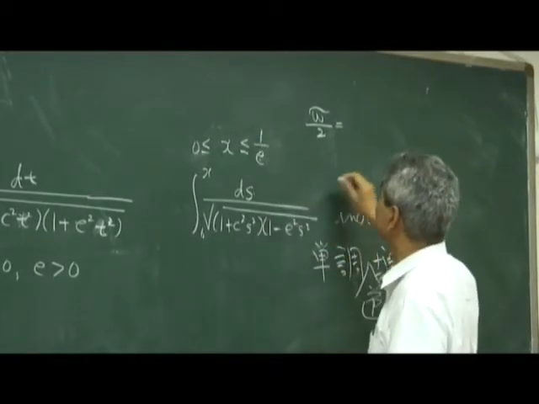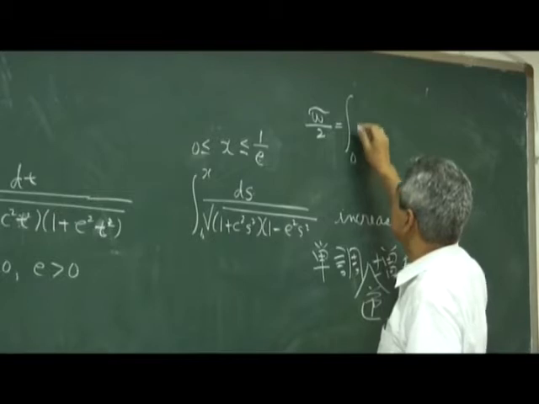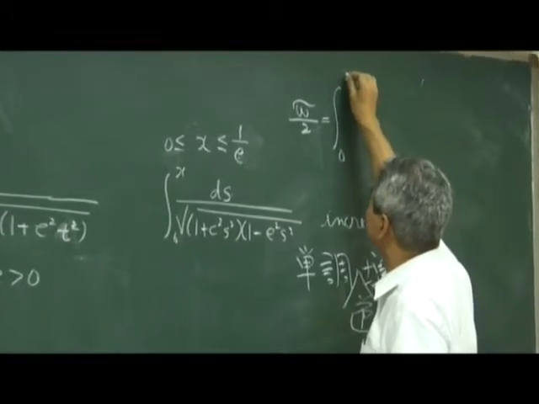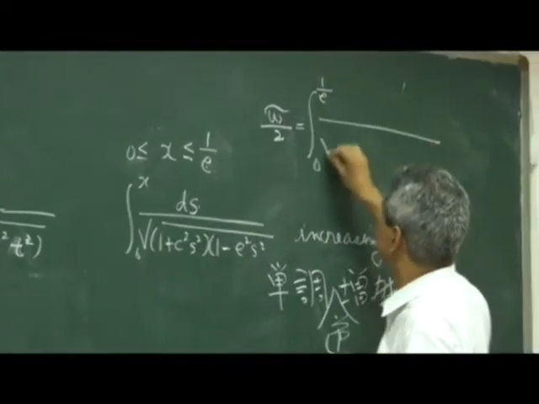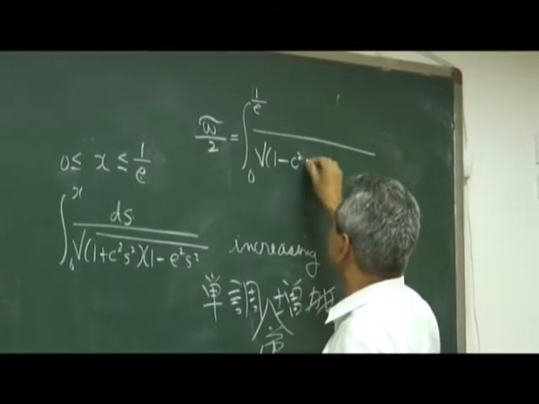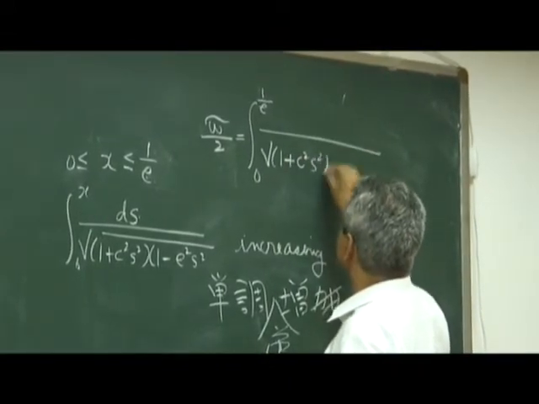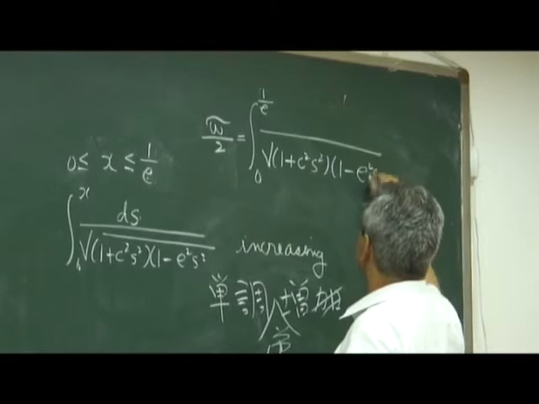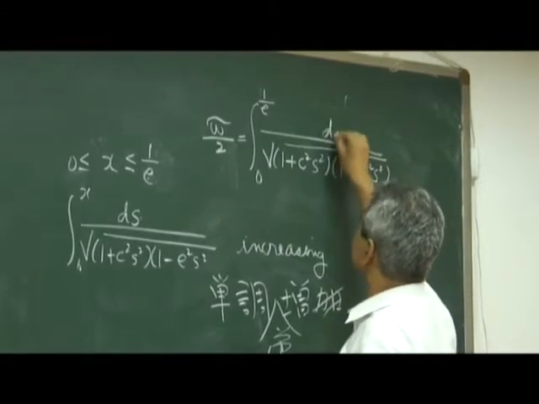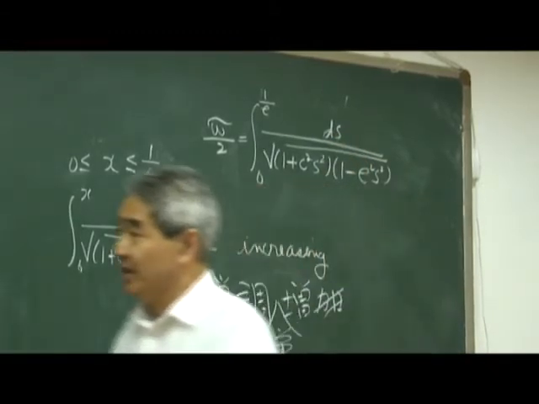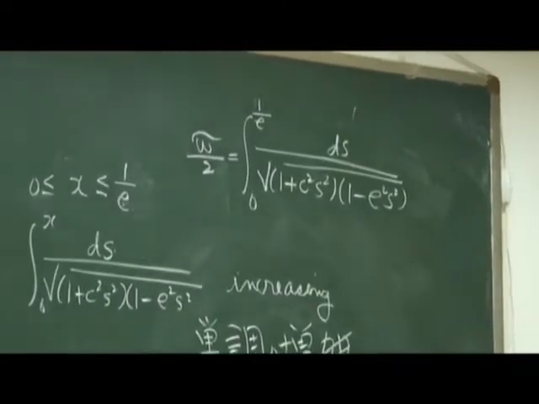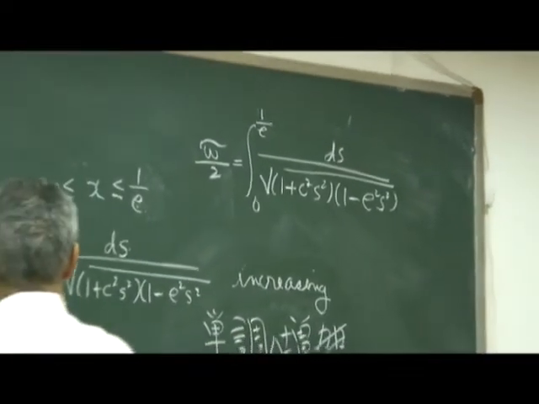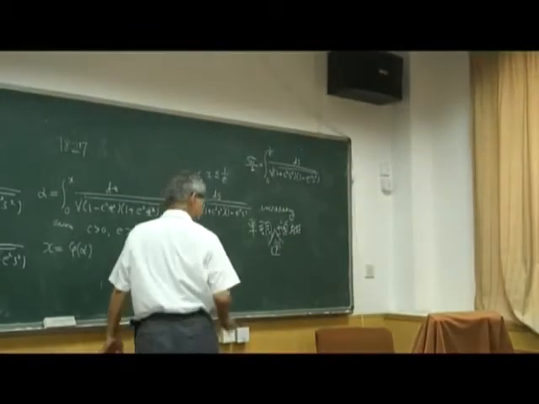In, and this is now 0, 1 over e of, okay, then just like this one, beta.